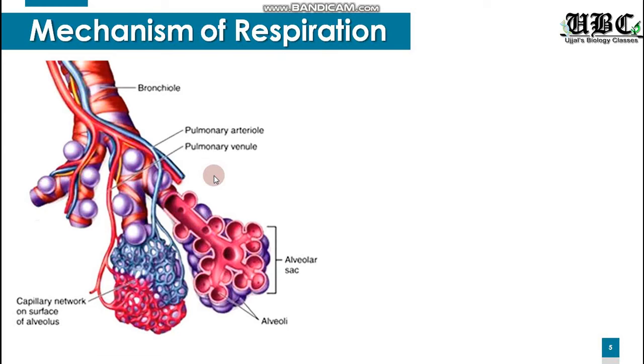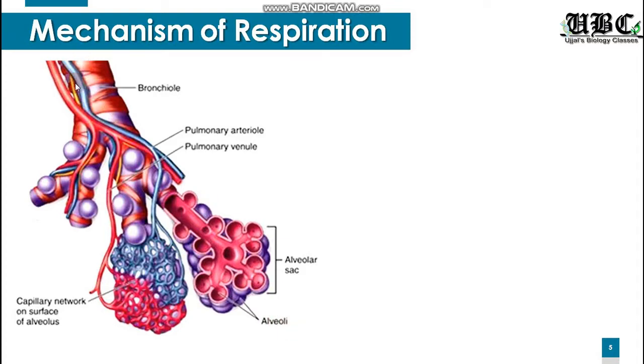So let us first of all take a closer look at the alveolar sac, or the individual alveoli. So here is the bronchiole, which finally ends up and forms an alveolar sac. An alveolar sac contains numerous small balloon-like structures known as alveolus in singular, and in plural it is known as alveoli.